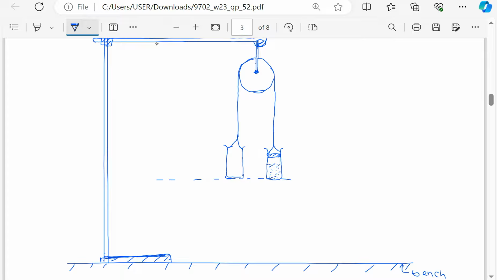So I first put here the cushion. I want the cushion to be the same height as the base of the stand. So this is the cushion. You can shade it whichever way you want, but this is the cushion.